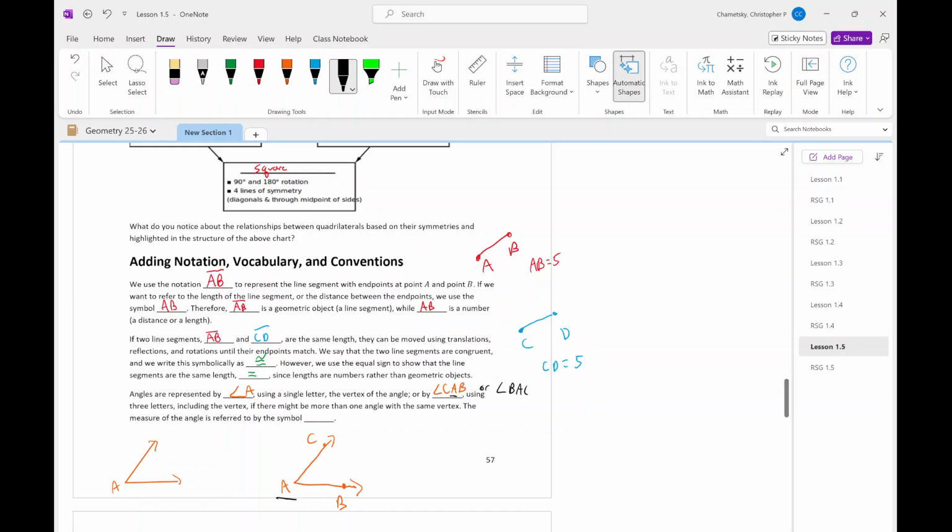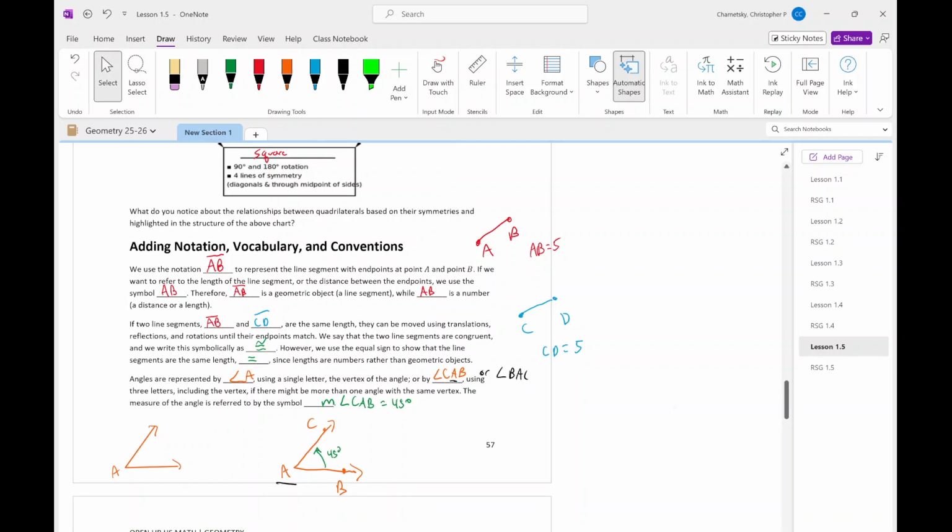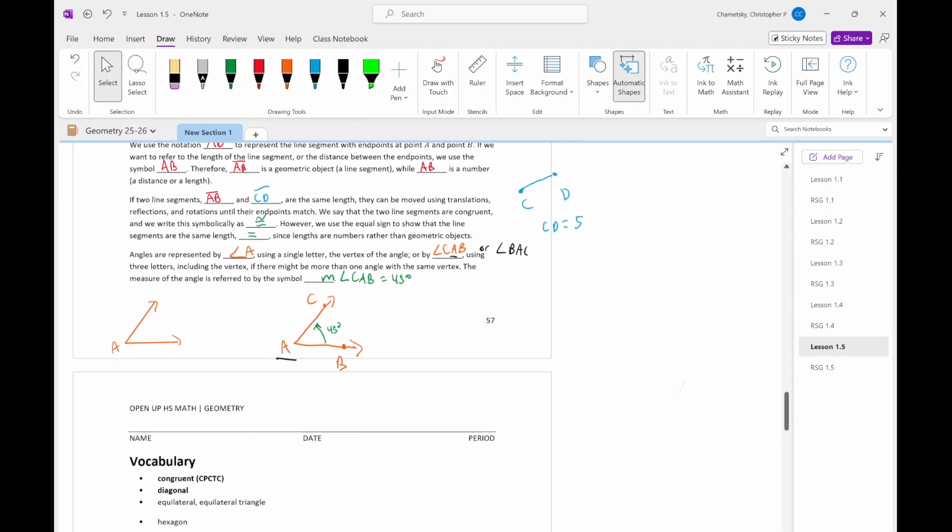Now, if I want to talk about the measure of an angle, okay, some degrees, so that was like 45 degrees. We'll put a little m in front of our angle, so we would say the measure of angle CAB equals 45 degrees. So that little m means measure of.